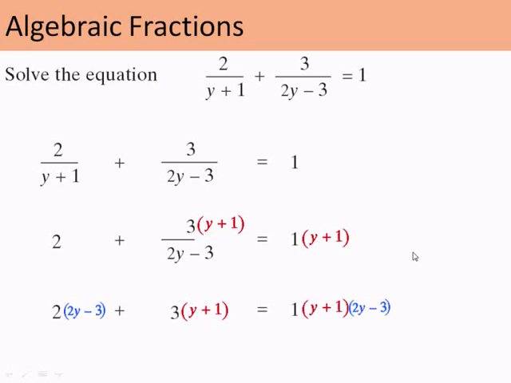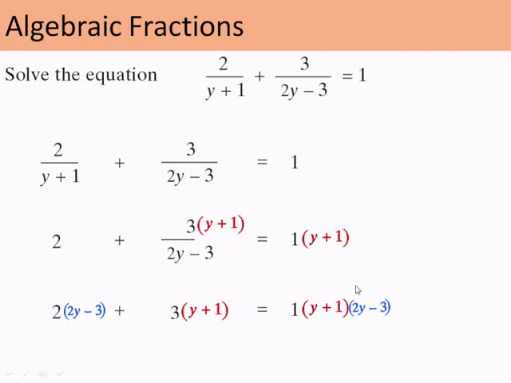And then if I do that, I can then multiply everything by the next denominator. So to get rid of the 2y minus 3 on the bottom, multiply everything by 2y minus 3, and then it disappears from that middle one, because divide by 2y minus 3 and multiply by 2y minus 3 cancel each other out.